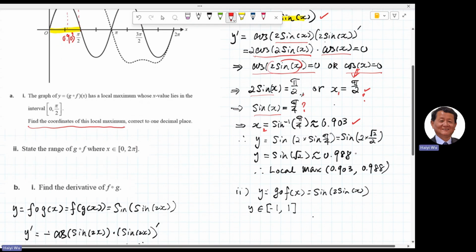So we find y is 0.99 using the calculator. We substitute pi over 4 into the original function: pi over 4 times square root 2 divided by 2, cancel the 2 out, sine of square root 2 is 0.988. So the coordinates of the local maximum are this. The question uses 1 decimal place, so it should be 0.9 and 0.9.